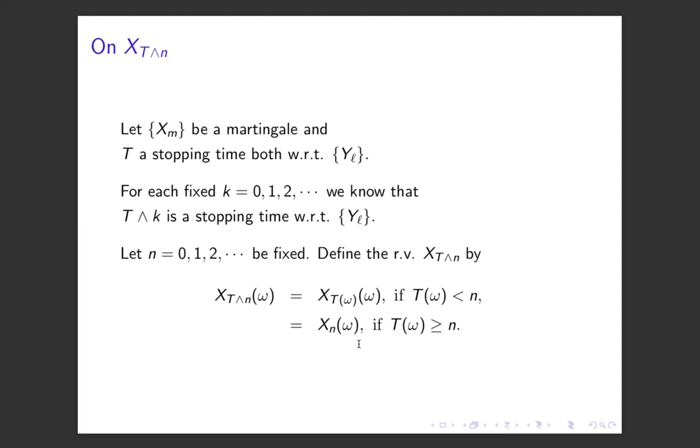Of course, at T(omega) both these agree, so there is no inconsistency in the definition. I mean, X sub t wedge n we have defined in the most obvious way.